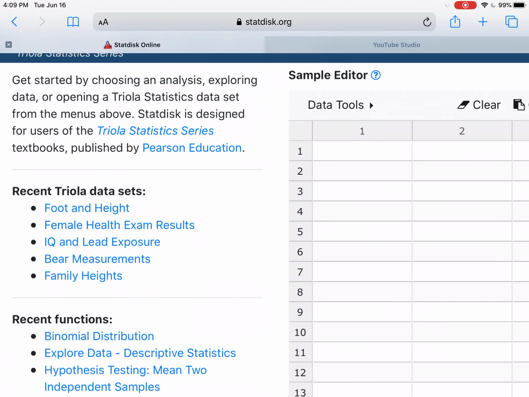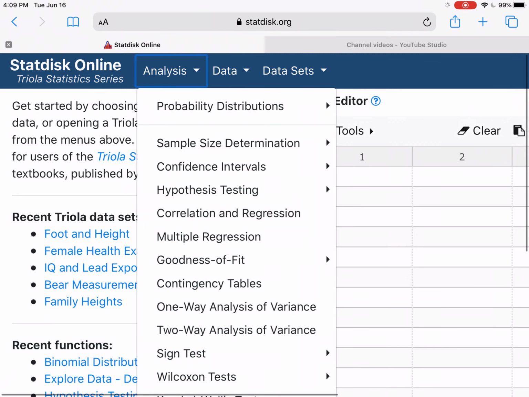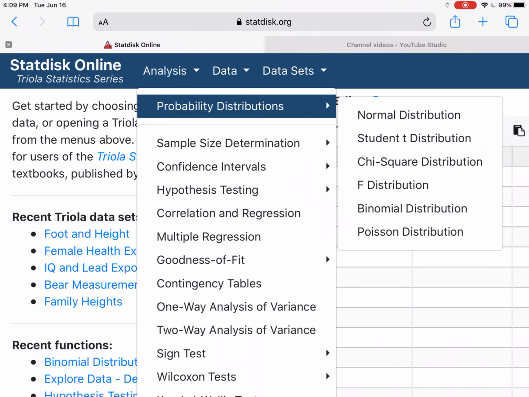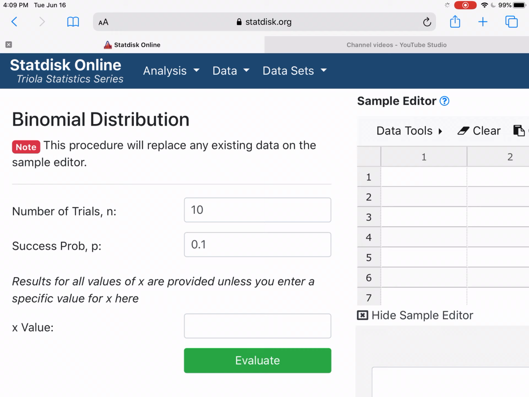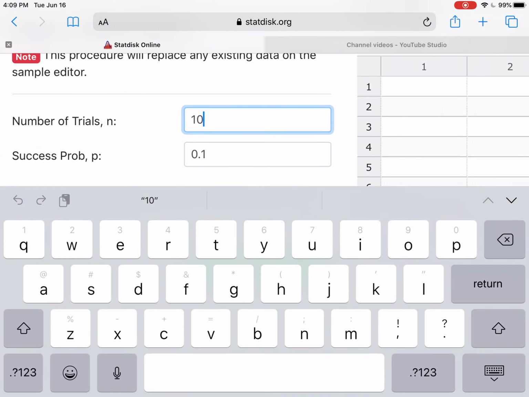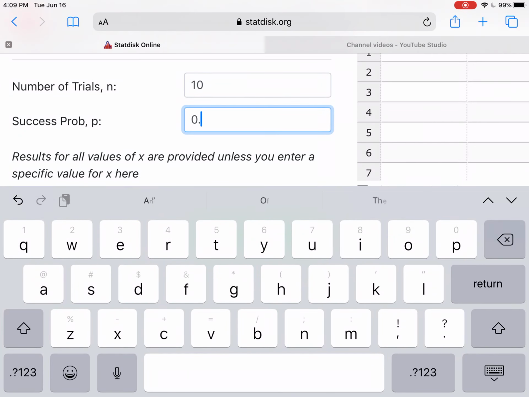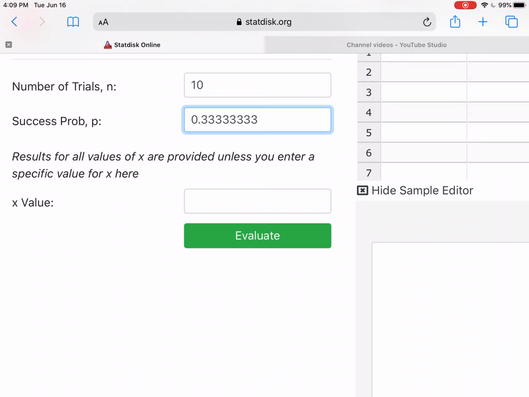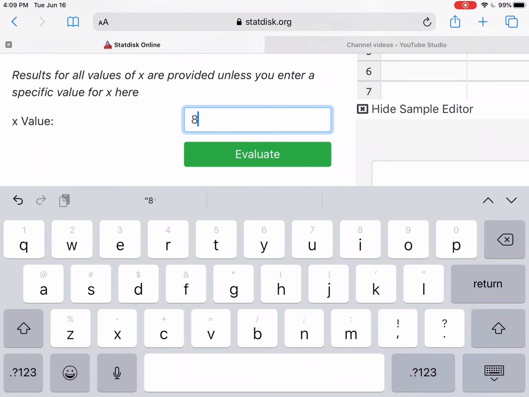Here in StatDisk, I am going to choose Analysis, Probability Distribution, Binomial Distribution. We're going to have 10 trials. Probability of getting any one question correct is 0.333333. We want to know the probability of getting at least 8 correct.